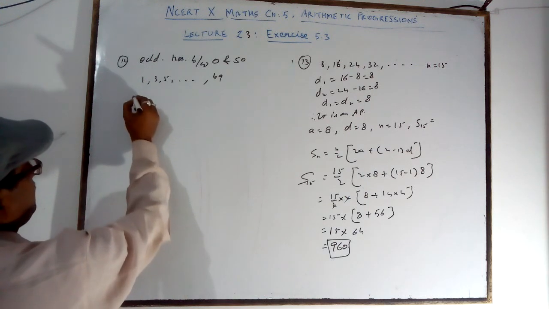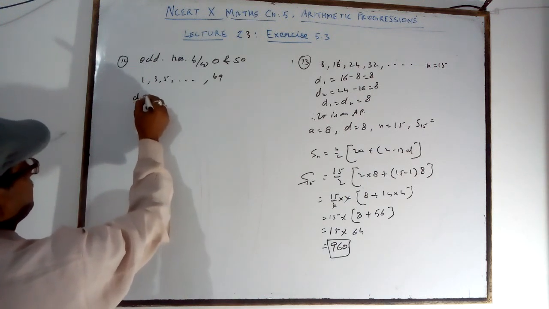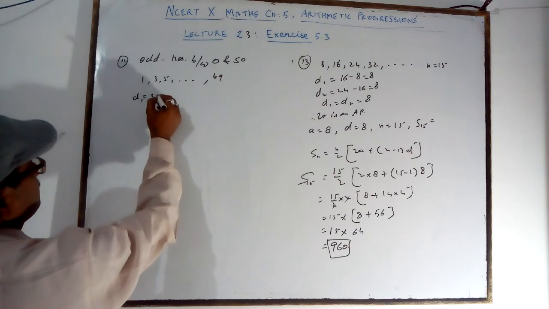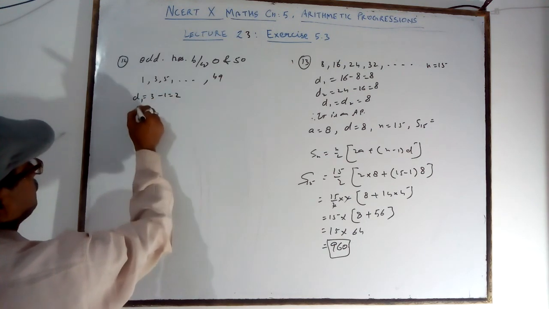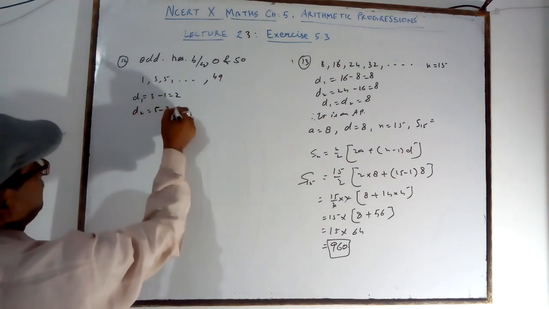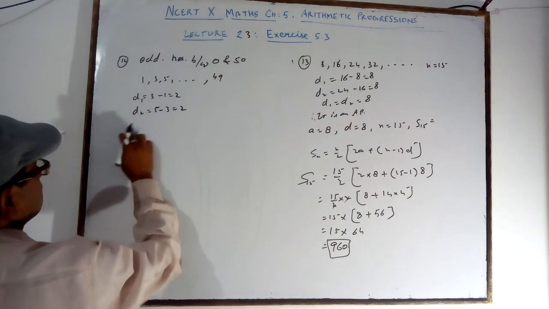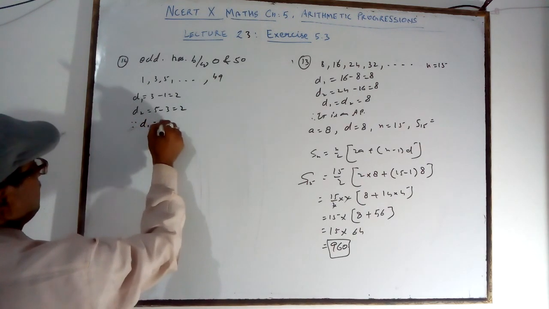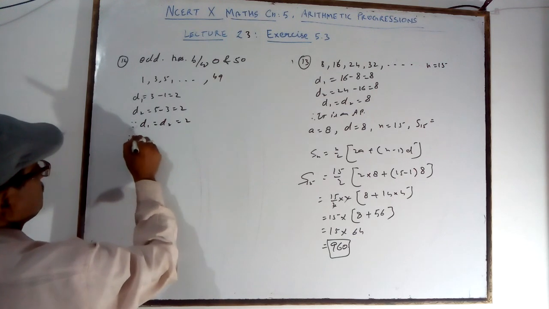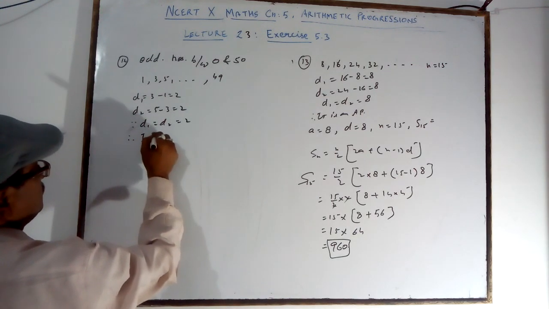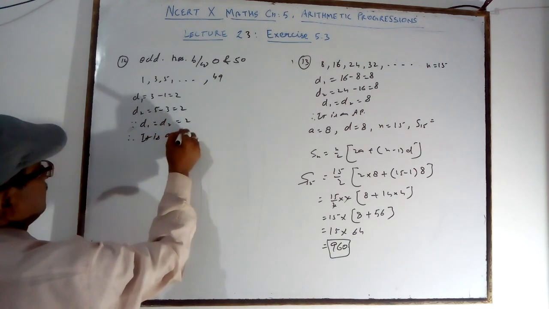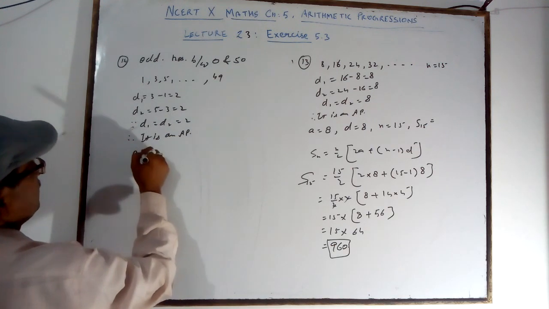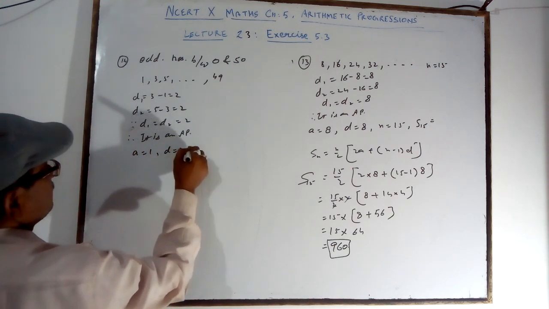What is the common difference D? D1 is 3 minus 1, which is 2. D2 is 5 minus 3, which is 2. So D1 is equal to D2 is equal to 2. So it is an AP. What is A? 1. What is D? 2.